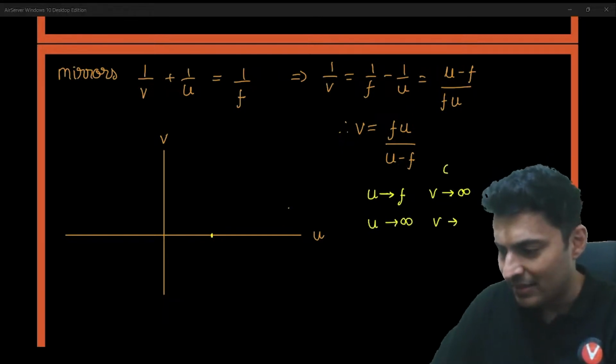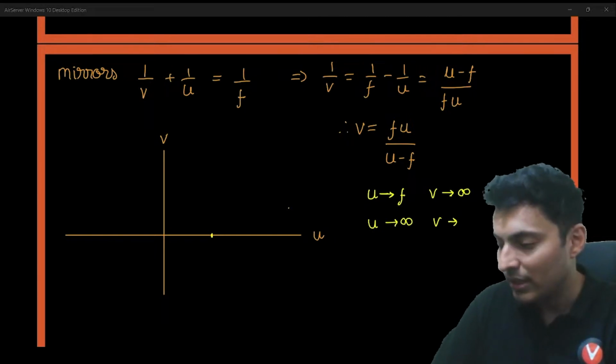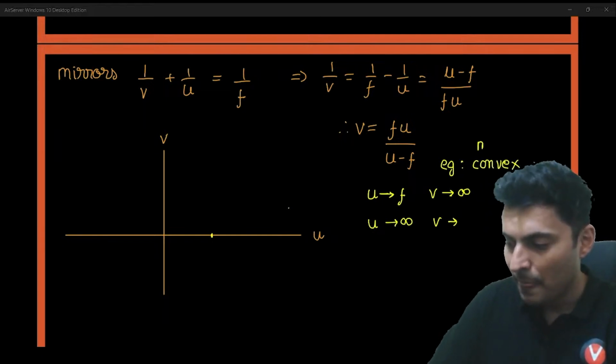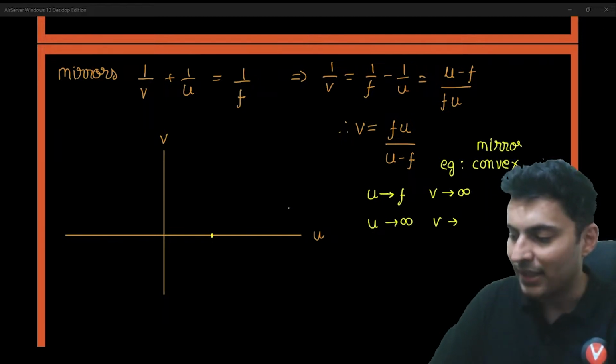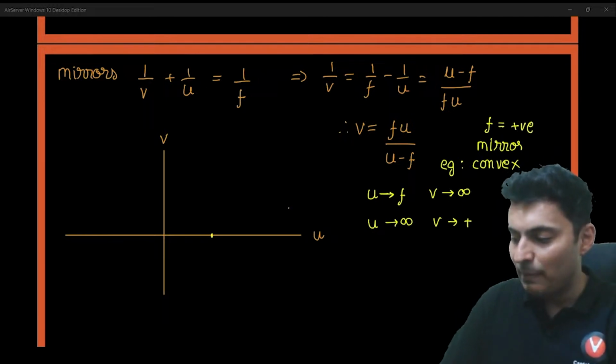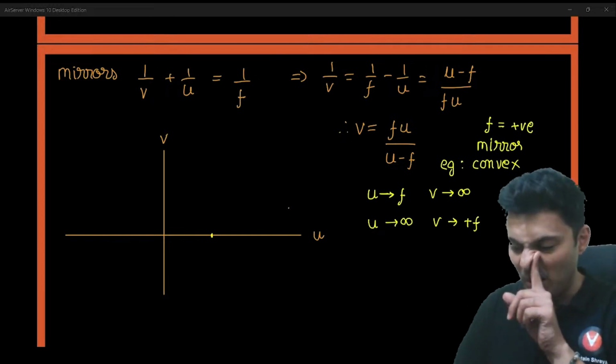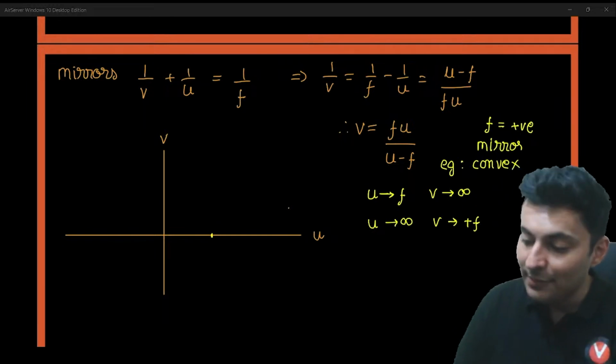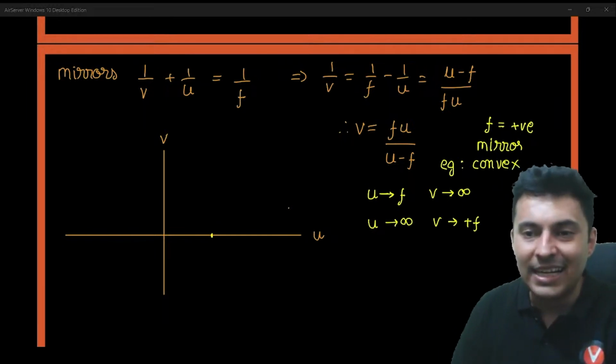Let's take the example of a convex mirror. The mirror is convex, so that means the focal length will be positive. The image distance will be plus F, yes or no? The object is at infinity.